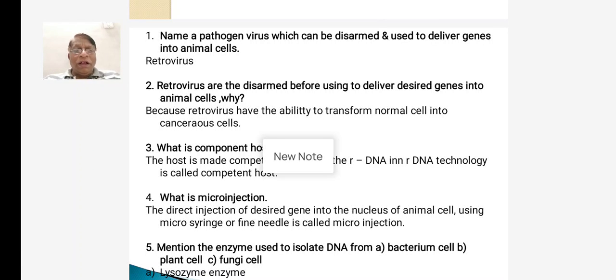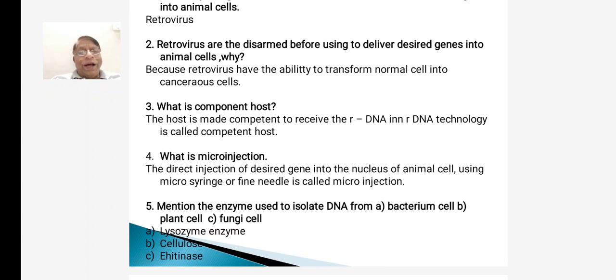Okay. Next question. Mention the enzyme used to isolate DNA from bacterium or bacterial cell. This is one question. Similarly, one more question for plant cell.